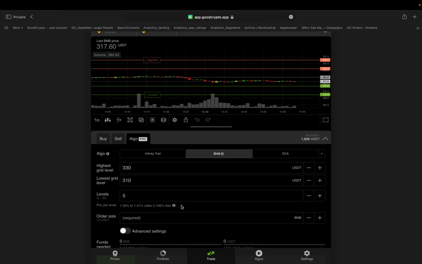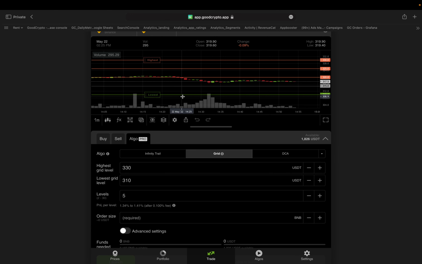If you have Pro, then you can run your grids for free. The only commissions you pay are commissions to the exchange, your normal trading fees. So, for example, to realize PNL and to buy here and sell here, you have to pay a fee when you buy here and when you sell here. So basically, you pay the trading fee to Binance 2 times in this regard, and of course that decreases your PNL, right?